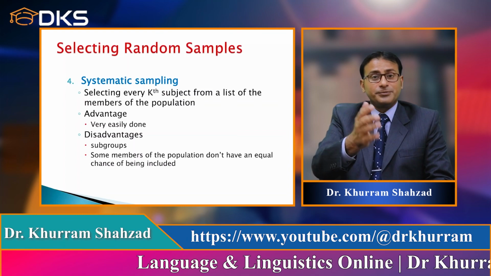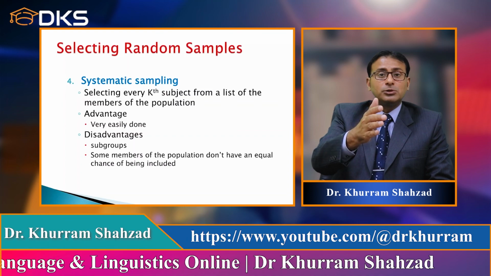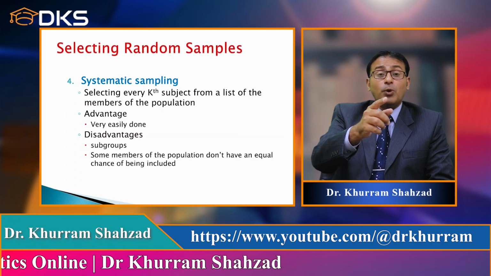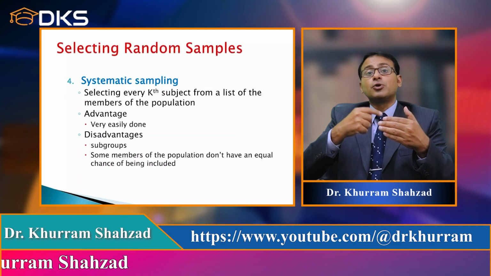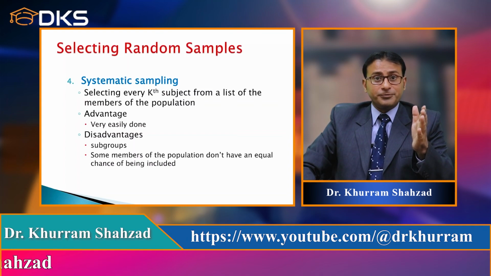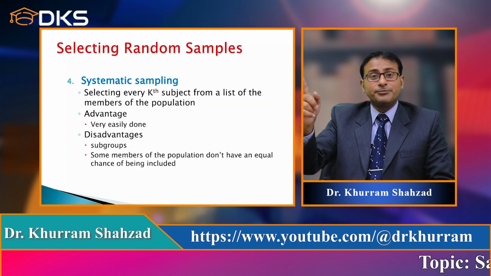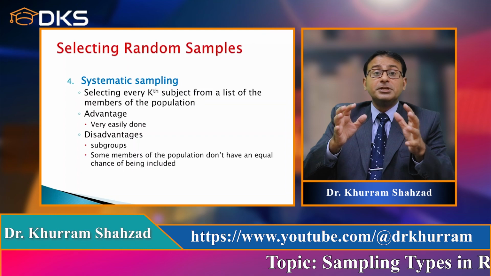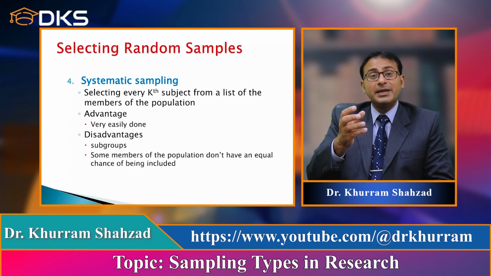Let's say you have selected the 5th one, and then you will see that out of 100,000 people you are going to select only 100. So it means that there is a difference of 100. So after the 5th person you can go for 105, 205, 305. So this is how you will continue until you reach the desired number in the sample. So this is called the systematic sampling technique.